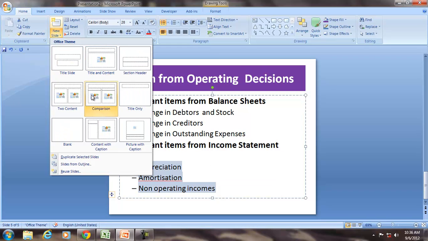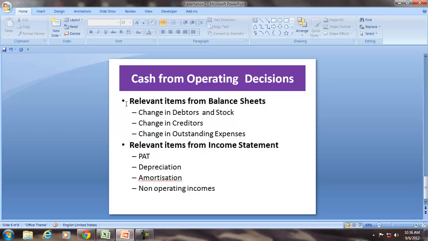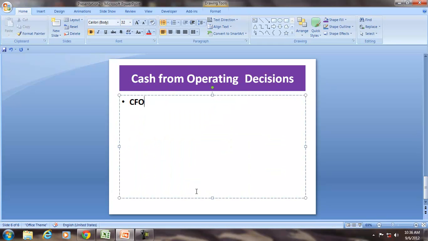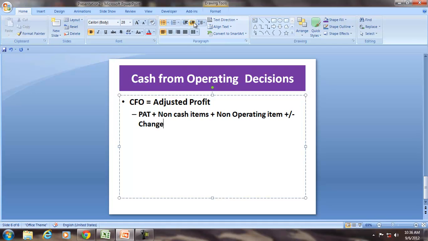We can also say that CFO is actually an adjusted profit. In other words, it is a profit adjusted for non-cash, non-operating items, and adjusted plus or minus for the changes in the working capital.